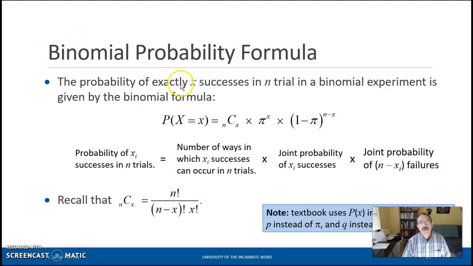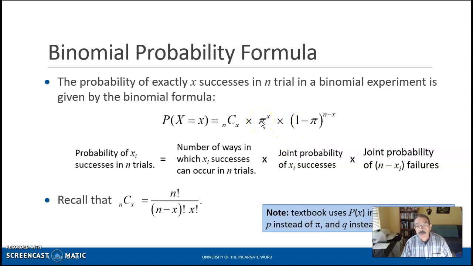So the probability that exactly X successes are observed in n trials in a binomial experiment is given by this formula. So in this, you recall from chapter 4, this is the formula for combinations, and this calculates the number of ways in which X successes can occur in n trials.